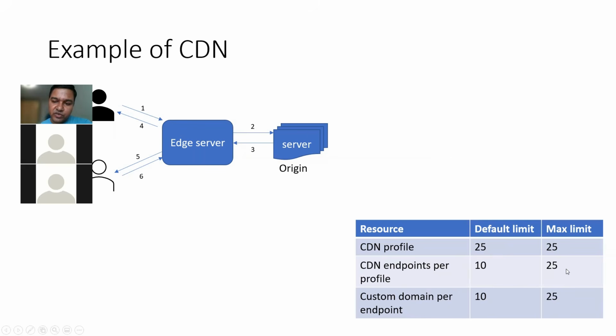So 25 into 25, 625 CDN endpoints can be created. The custom domain endpoints are also 10 by default and the maximum is 25. If you do any tutorial from Microsoft Azure on CDN, you can explore this option. This won't be done in the colloquium. You can try it by yourself.